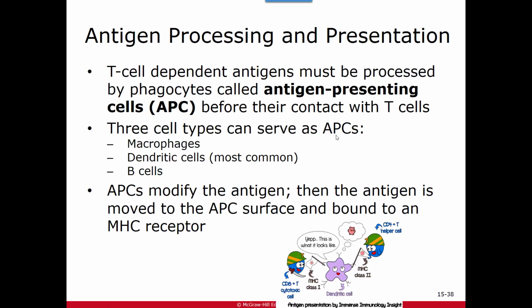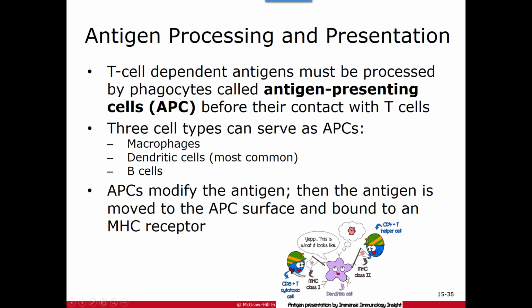So T cell dependent antigens have to be processed by phagocytes called antigen presenting cells before they come in contact with the T cell, which means we need an antigen presenting cell to present the antigen to our T cells, because those antigen presenting cells are going to have those class 1 and or class 2 antigens on them.